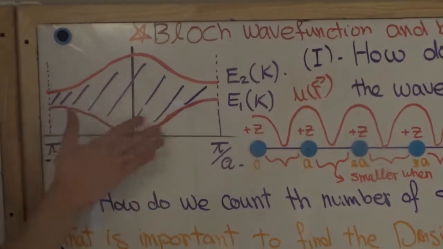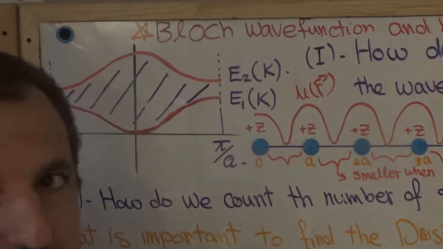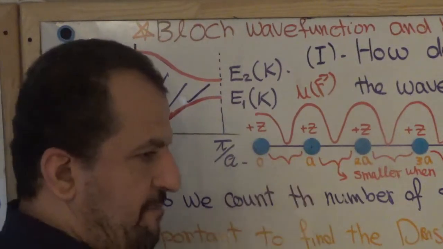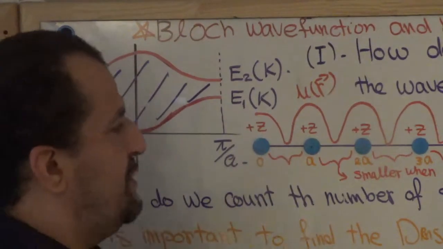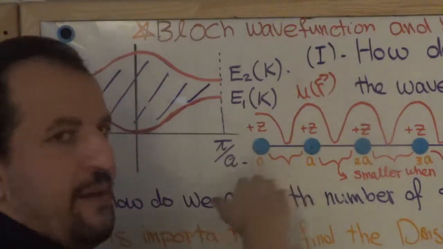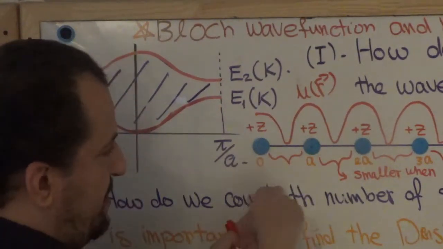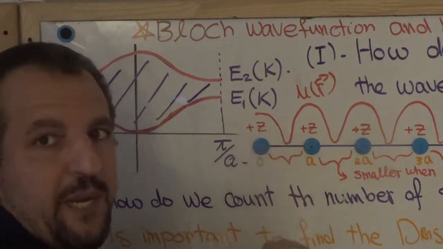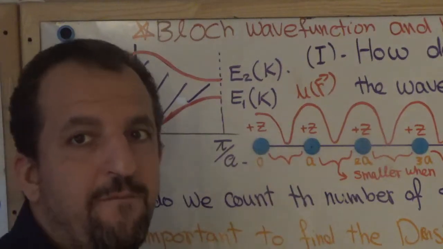Okay, so this is the energy levels, guys, for this kind of system. And I showed you guys how the energy levels or the orbitals can be distributed along this potential well.